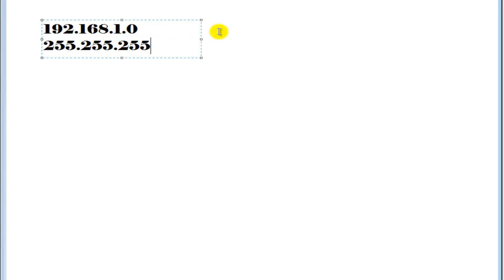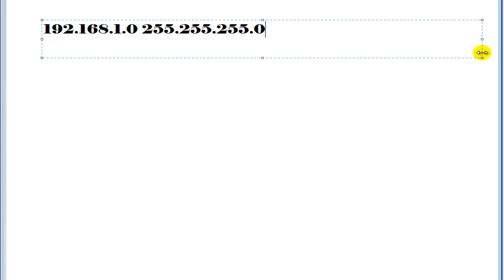I always start off with my bit values. If you have any idea of what subnetting is, you've got, for example, 192.168.1.0, and you'll have a subnet mask of 255.255.255.0.